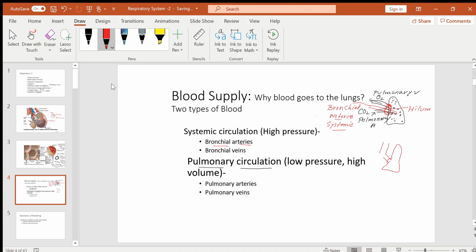So this is the hilum; the primary bronchus as well as the blood vessels pass through it. Okay, so that is the blood supply. Pulmonary and bronchial arteries bring the blood into the lung to give oxygen and nutrition, and the bronchial vein returns the deoxygenated blood to the heart.